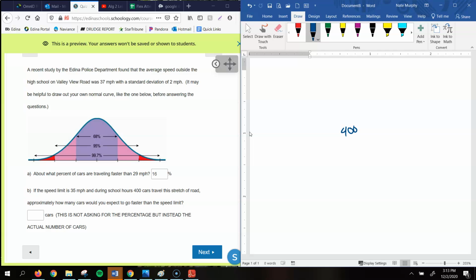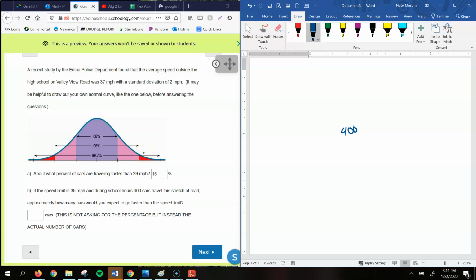So what we're going to have to do there is, so we have the 68, so 35 miles per hour. Remember, the mean would be 37. So 35 would be the edge of that 68%. So we would take 68%, because that purple middle section would be above 35 miles per hour, and the pink and the red. We'd add all those together. So 68%, the second pink there of the 13.5% plus the red of the 2.5%.